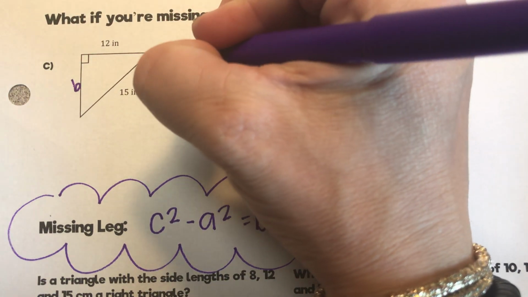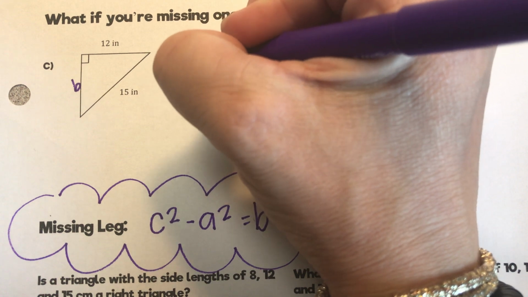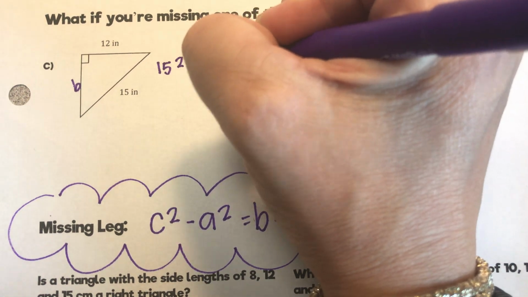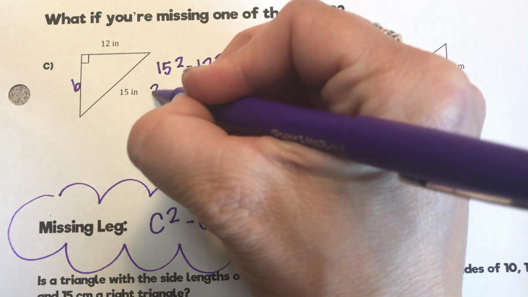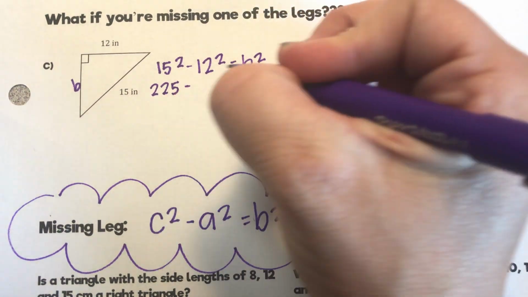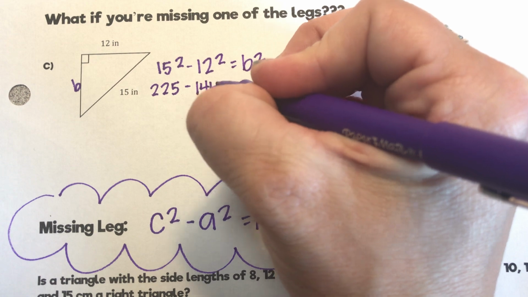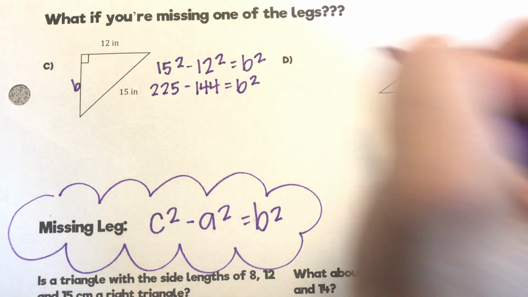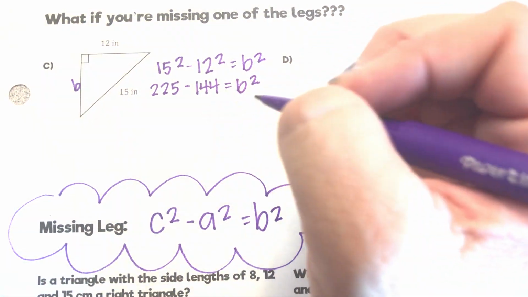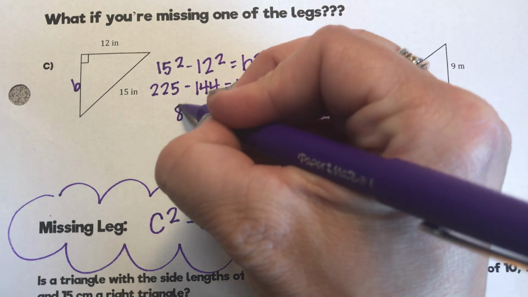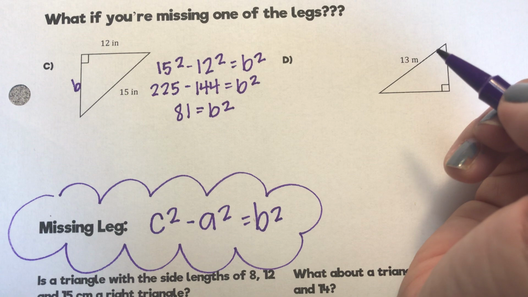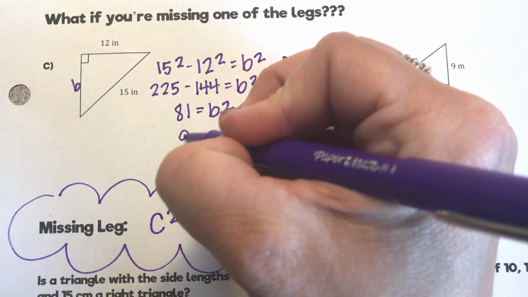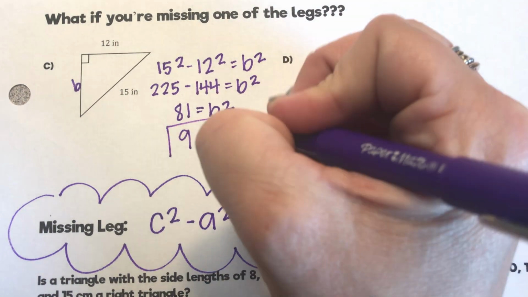So I'm going to say the hypotenuse squared minus the leg that I know squared equals my missing leg squared. So 15 squared is 225 minus 12 squared is 144, and that equals b squared. 225 minus 144, 81, equals b squared. And then what's the square root of 81? 9. So 9 would equal b.